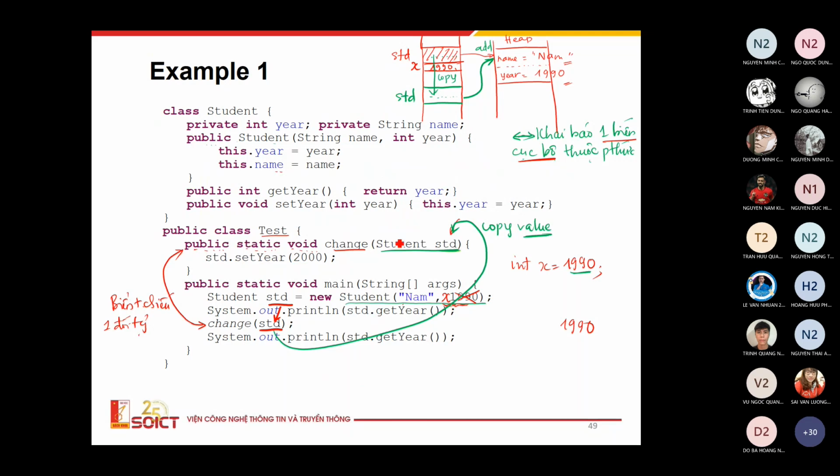Bằng cách này std màu xanh cũng refer đến vùng nhớ bên heap và tiếp tục chạy vào thân phương thức, có lệnh là std.setYear(2000). setYear này chính là phương thức ở đây. Year 2000 được copy vào đây, year này là một year cục bộ.